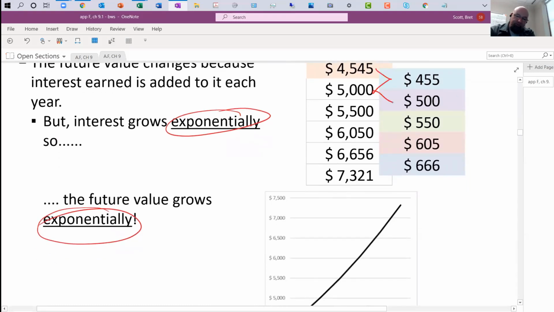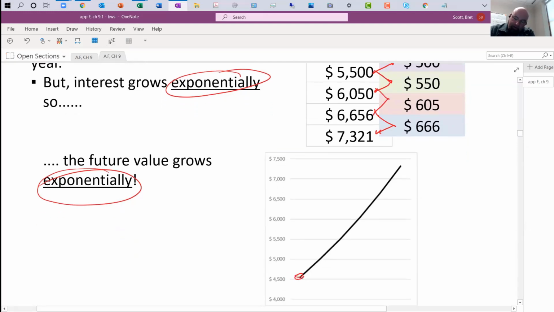We know that the change is kind of like just going, we get it, put it back in, get it, put it back in, get it, put it back in. So the overall portfolio value started at 4545, ends at the 7321. But you can kind of see there's a bit of a curve here.